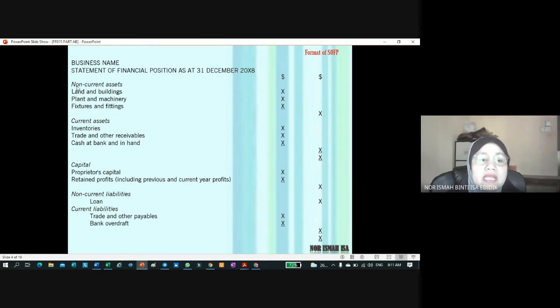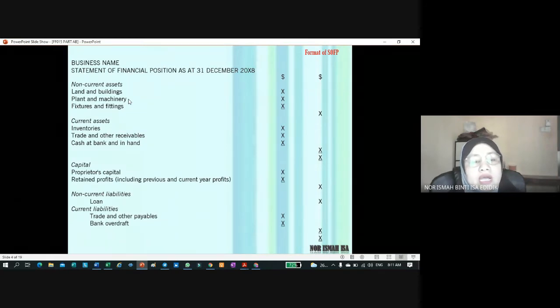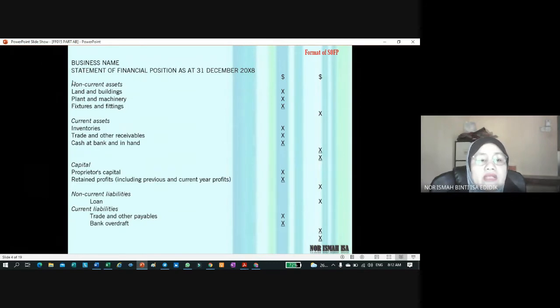Harga dia tak pernah susut. Harga land usually increases. As for other non-current assets, they will decrease due to the passage of time. Dia akan susut, tak kira apa cara pun. Bila dia guna pakai, dia akan susut nilai dia. So that's why depreciation is involved in non-current assets except for land. So the contra account for non-current assets is accumulated depreciation.